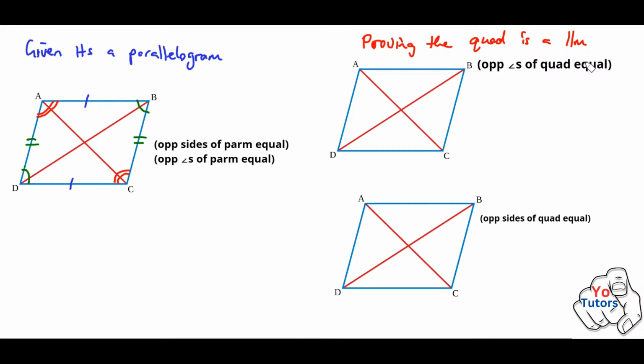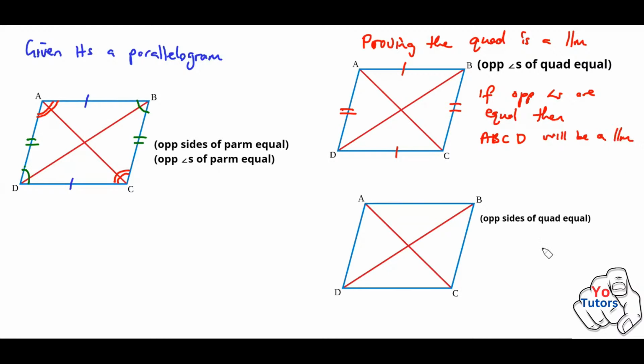So if the opposite sides are equal, if opposite angles are equal, then ABCD will be a parallelogram.